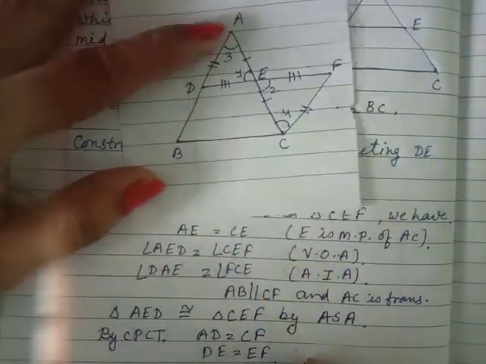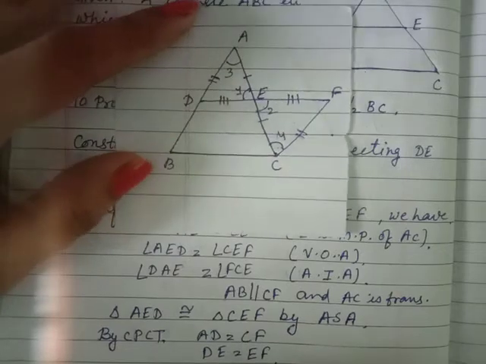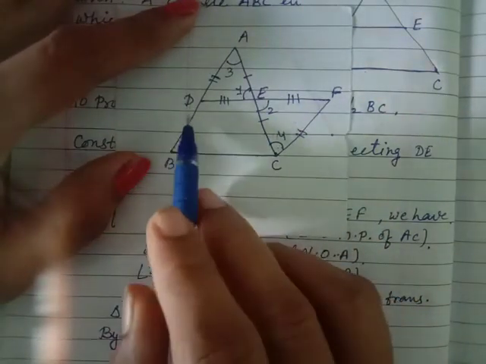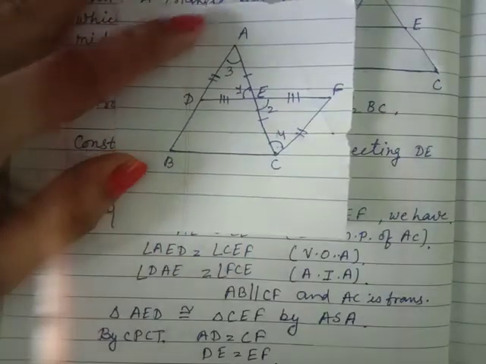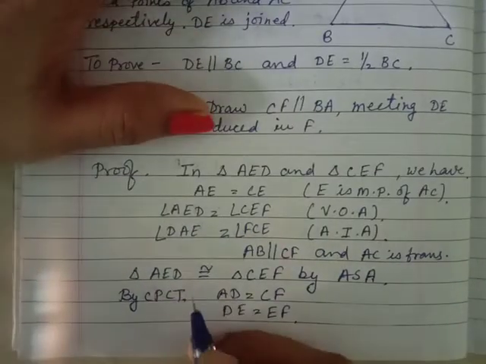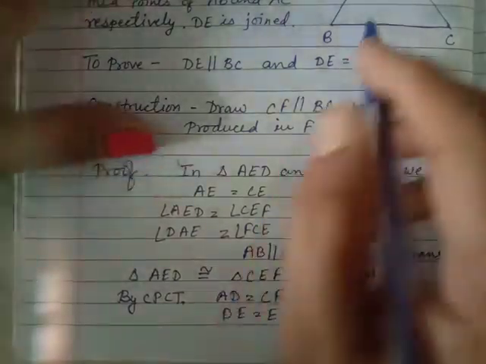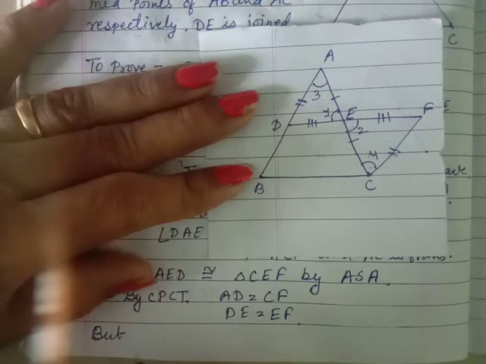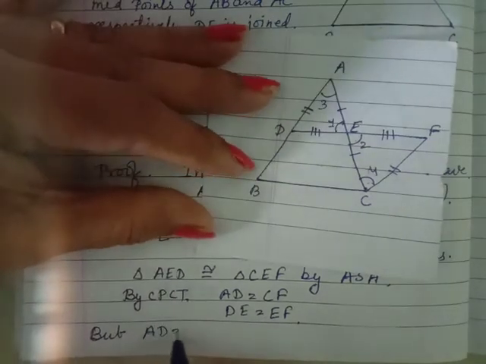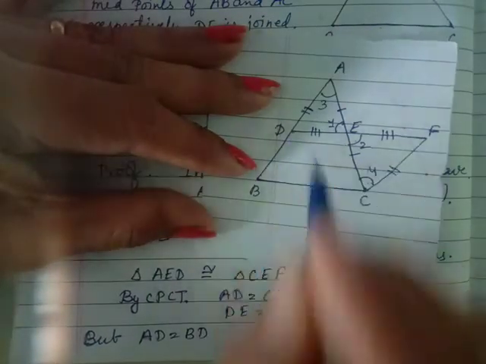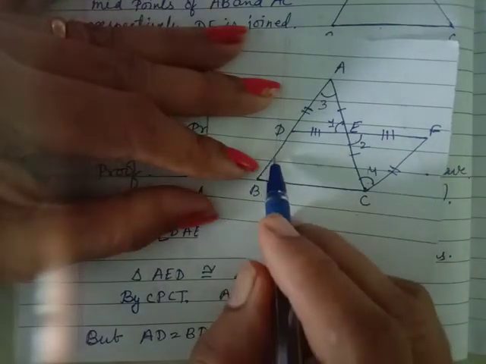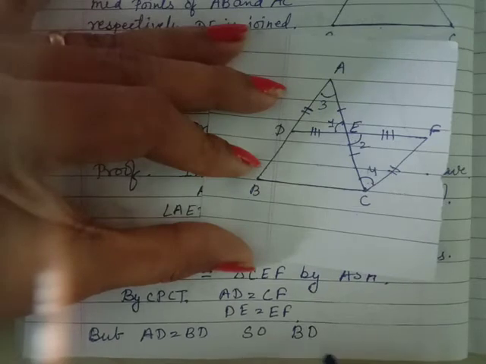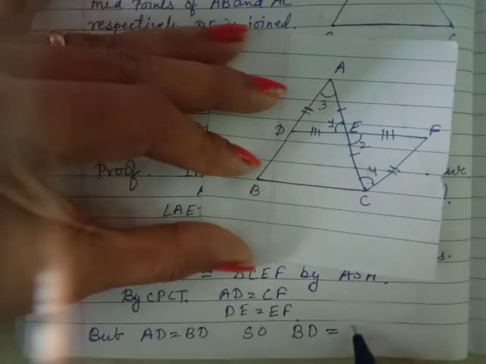Why are we taking these two sides? This will help us to prove DE is parallel to BC and DE is half of it. Let's see how we can prove it. We know that AD is equal to BD because D is the midpoint. So from here we can say that BD is equal to CF.